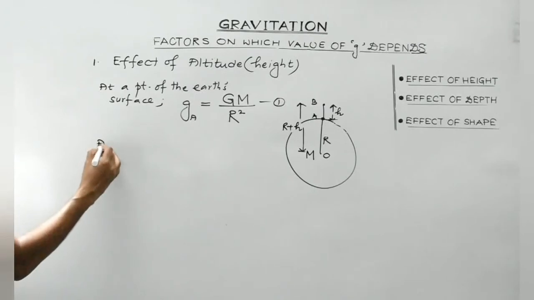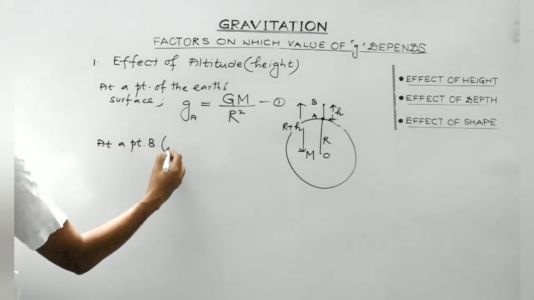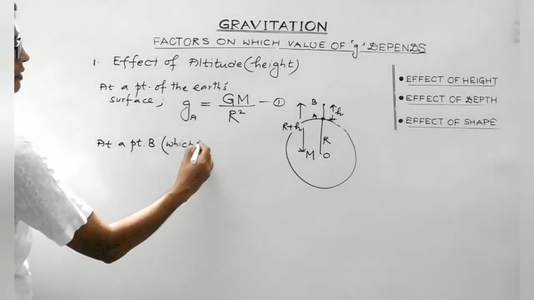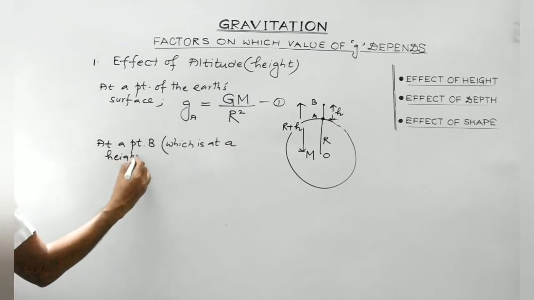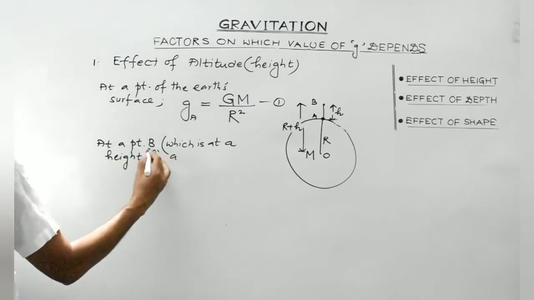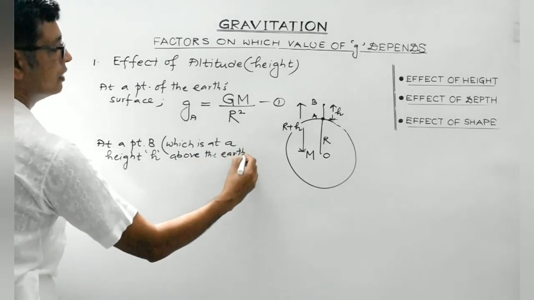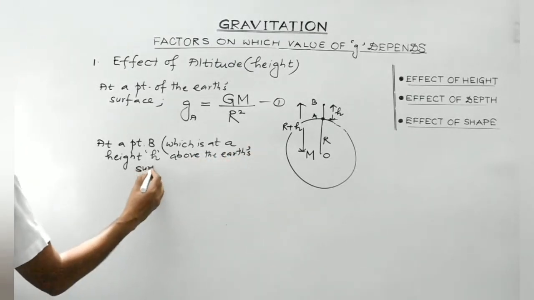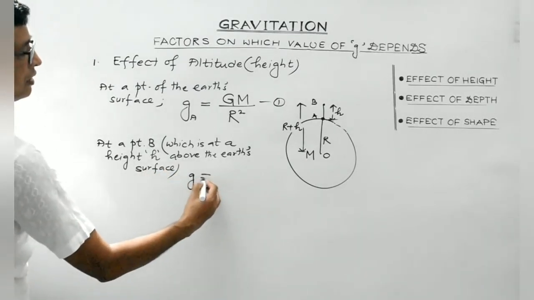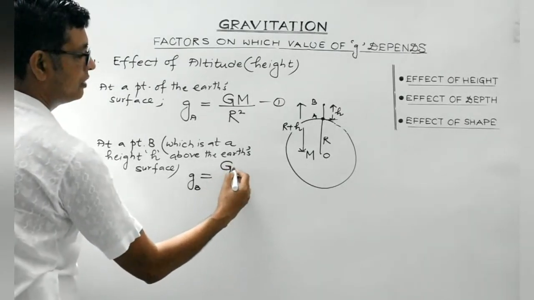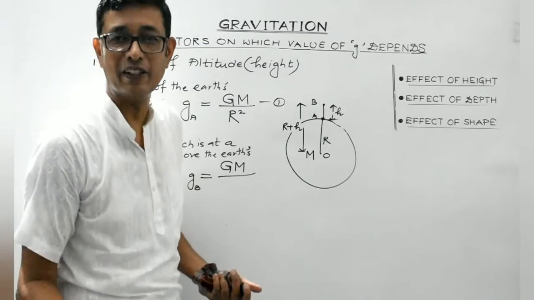So at a point B, at a height h above the Earth's surface, here the value of acceleration due to gravity will be given by g capital M, universal gravitational constant, that will remain constant everywhere.